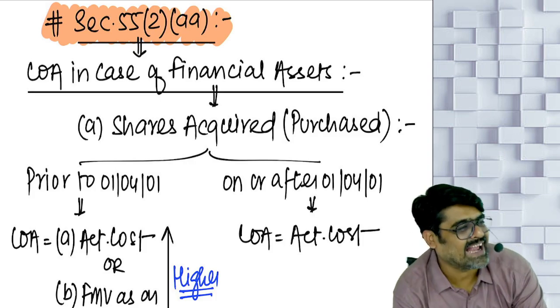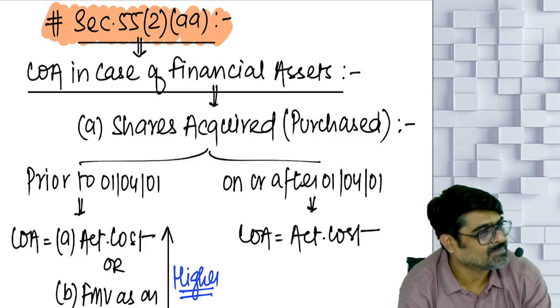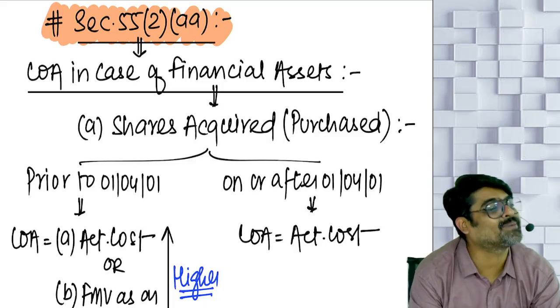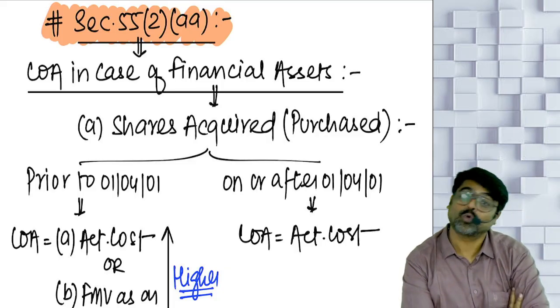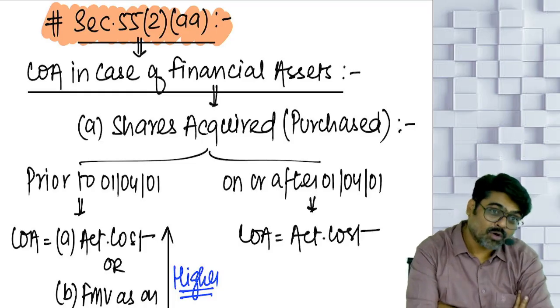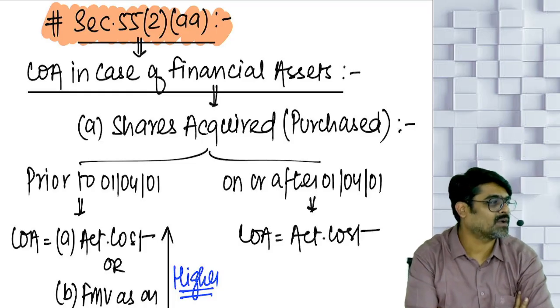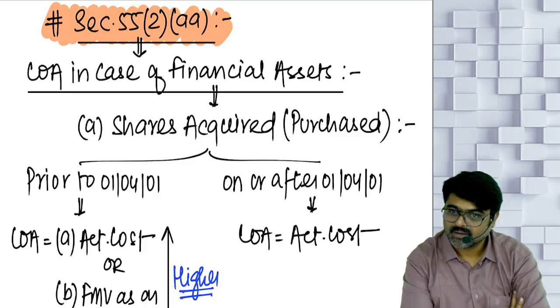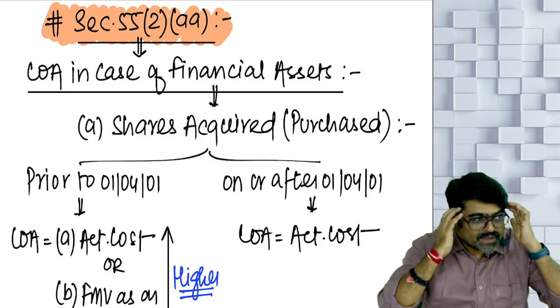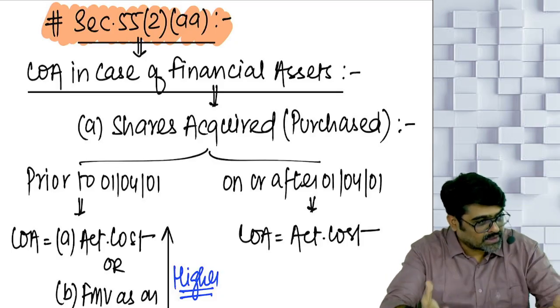Tanmay is a transferee, not the person who is transferring this asset. When Mehta is a transferor, who is the transferee? Gopal. And when Gopal is a transferor, who is the transferee? Tanmay. Getting my point? So, keeping these things in mind, you are supposed to calculate capital gain.